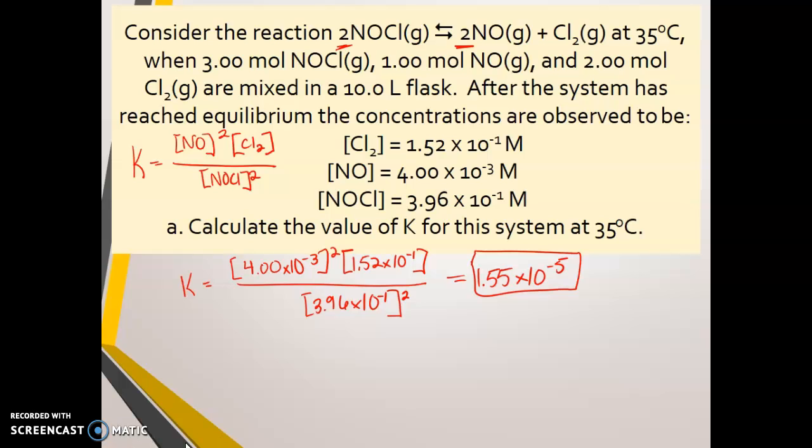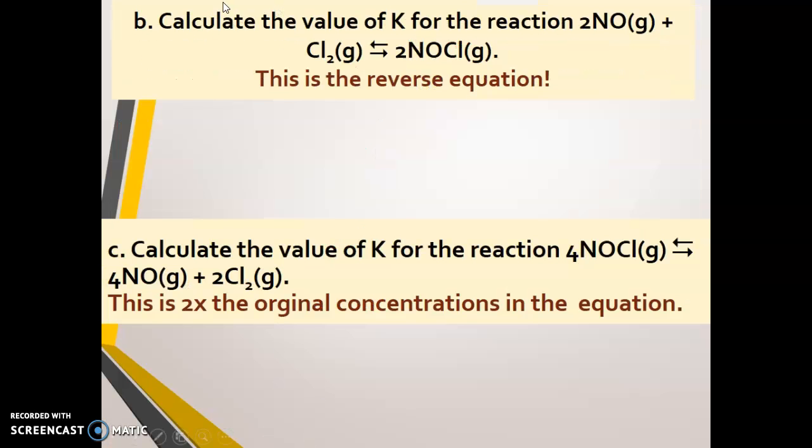Now we're going to use this K value as we look at some other scenarios with this same equation. The first scenario, we're looking at the reverse of the equation, so NO and chlorine are the reactants and the 2 NOCl is the product. If you remember, this is K prime from the 13.2 notes, and so that is going to be 1 over K. So 1 over 1.55 times 10 to the negative fifth.